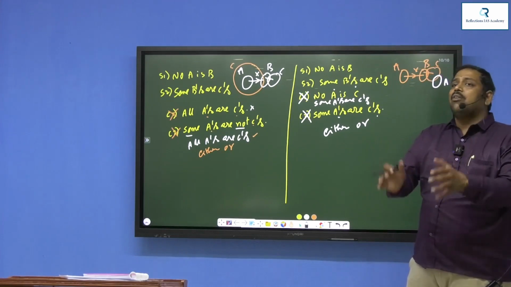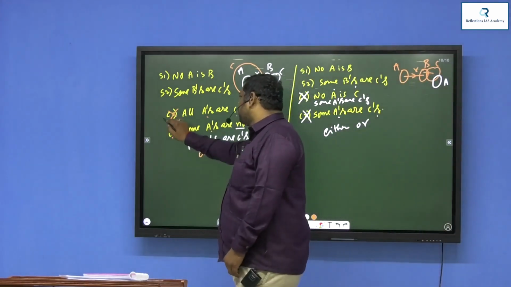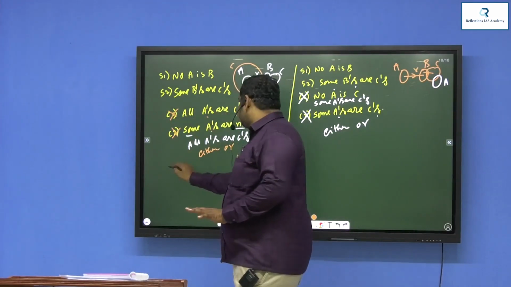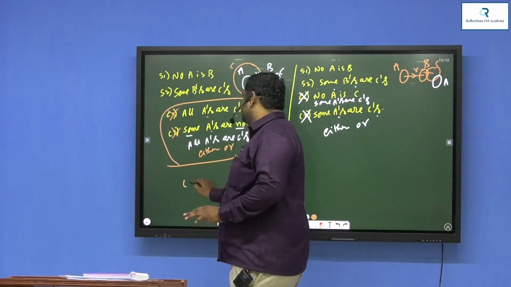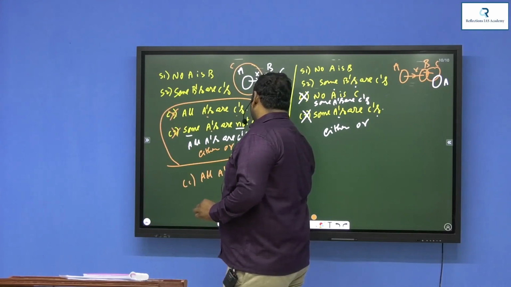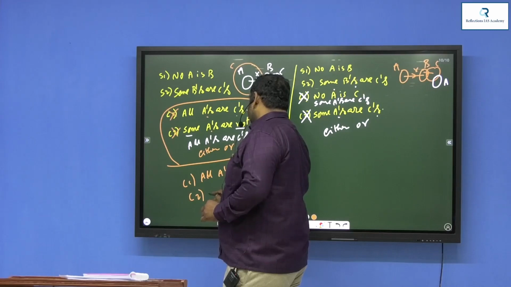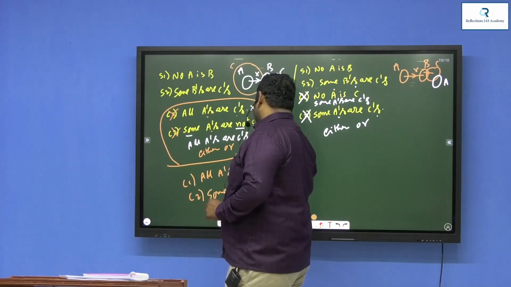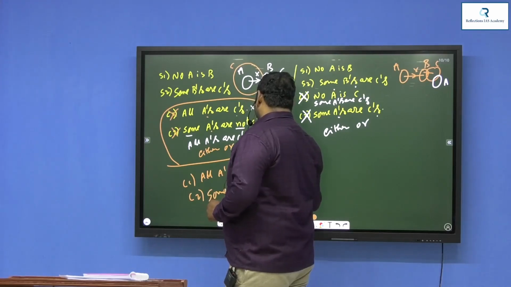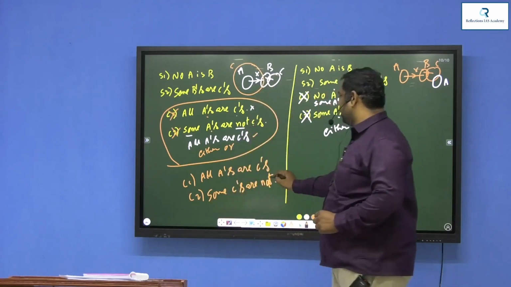Wait. Now I have beautiful questions for you. Forget about C1, C2. Now freshly I am writing C1 and C2 again. C1, all A's are C's. C2, some C's are not A's. Okay.